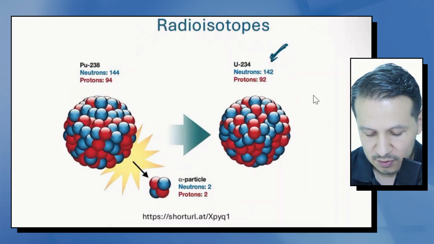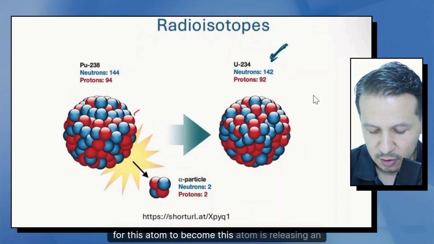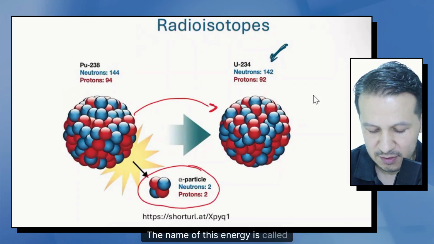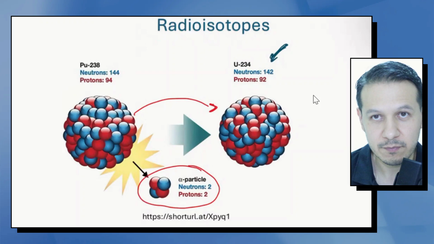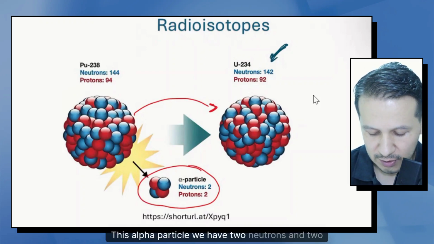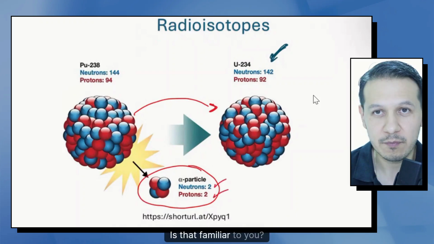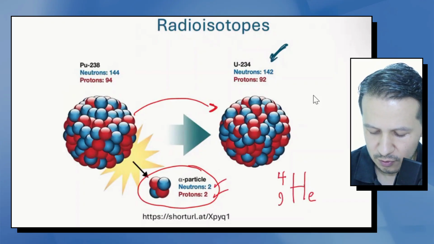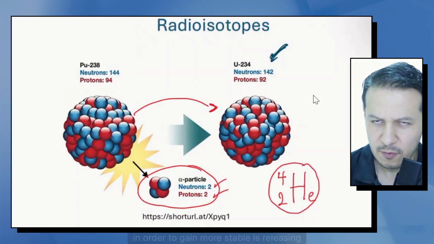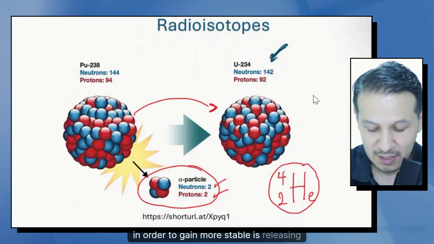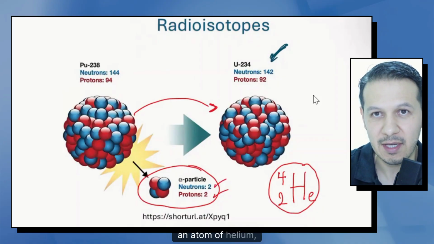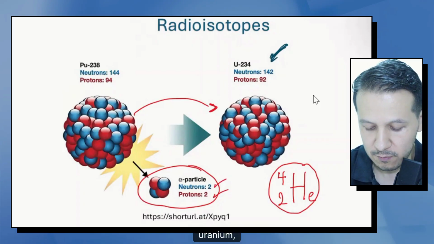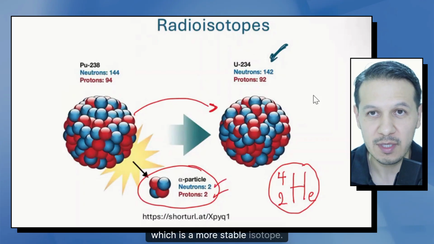If you see, for this atom to become this atom, it is releasing energy, and the name of this energy is alpha particle. This alpha particle has two neutrons and two protons. Is that familiar to you? We have an element which has two protons, and this is helium. In order to become more stable, it is releasing an atom of helium, meaning an alpha particle, to become uranium, which is a more stable isotope.